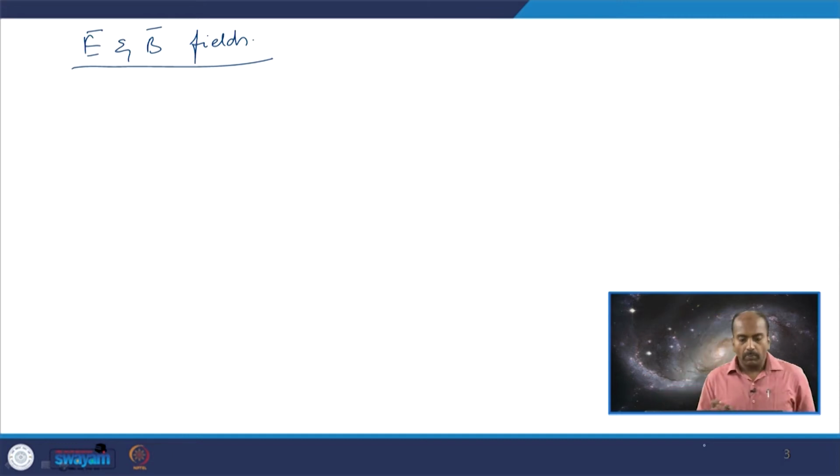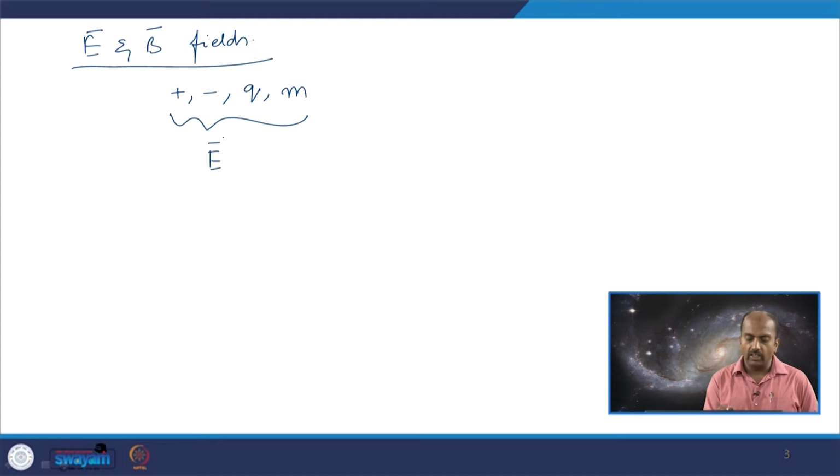Let us say the particles are of two types depending on their charges: a positively charged particle or a negatively charged particle. Any particle will have some amount of charge and some amount of mass. This is subjected to a field arrangement in which E and B are perpendicular to each other.